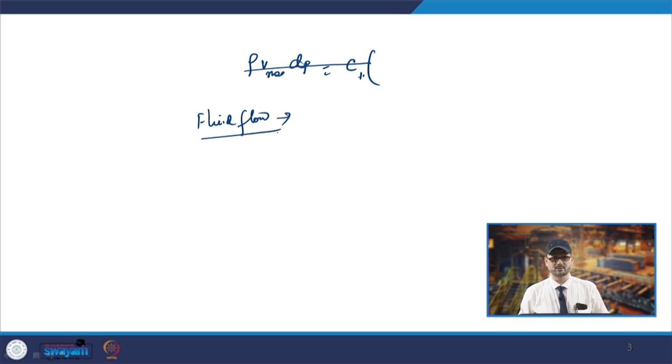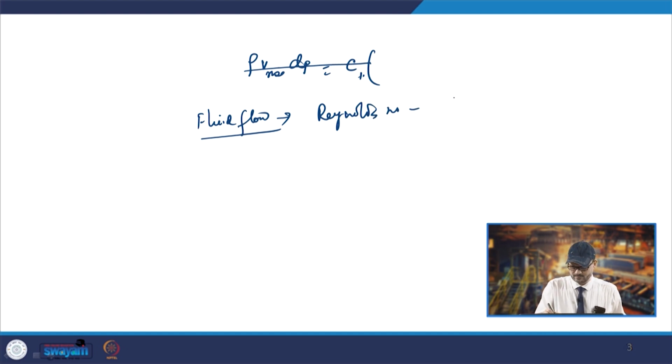In the case of fluid flow, the group is your Reynolds number, which is rho L u upon mu.